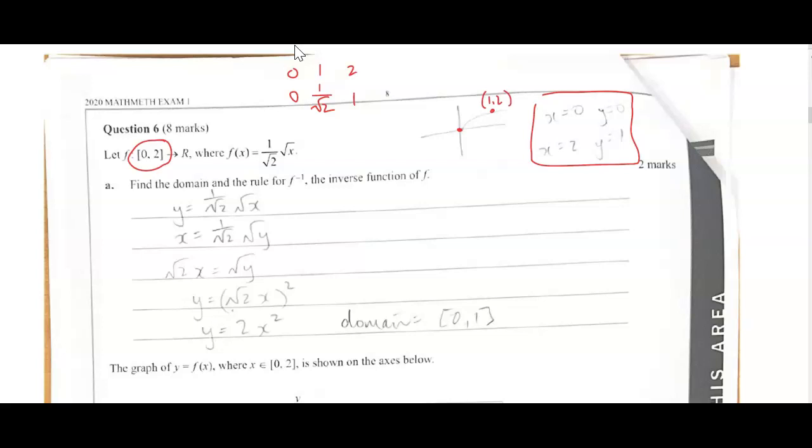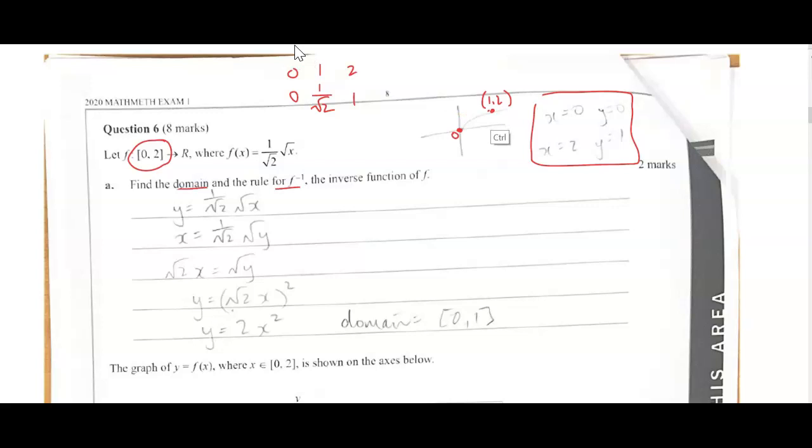For this question, we need to find the domain and the rule for the inverse. Remember, the domain of your inverse is equal to the range of your original function. As I said before, our minimum value is here at 0 and our maximum value is here at 2. Sorry, I just wrote that point around the wrong way.